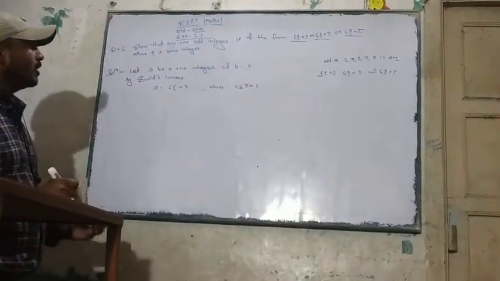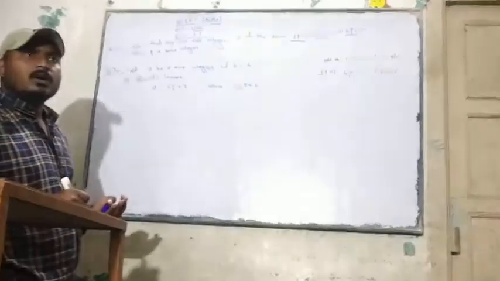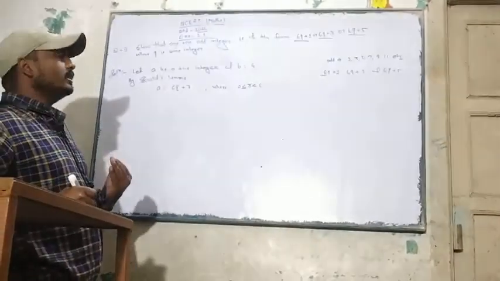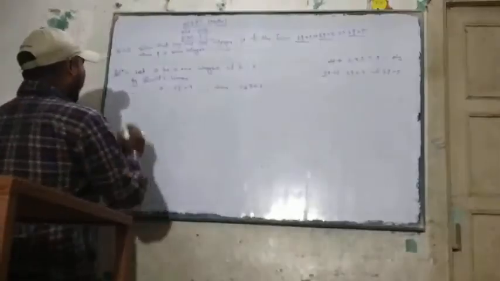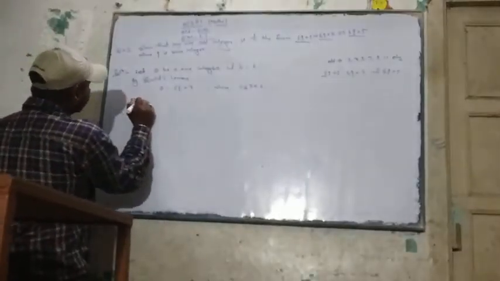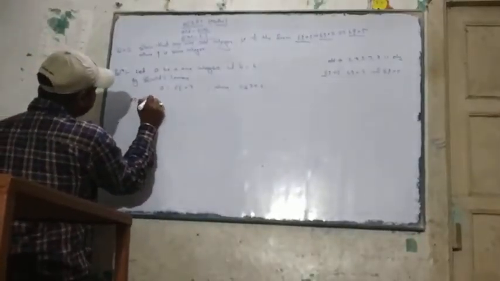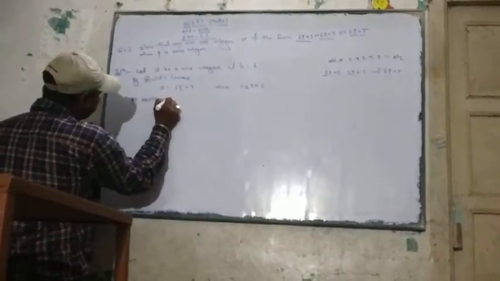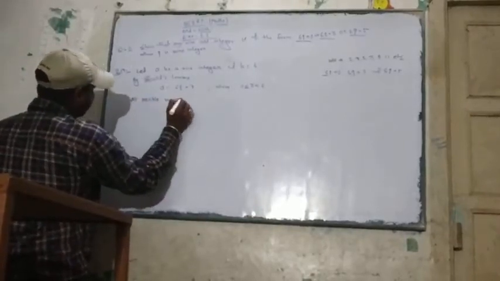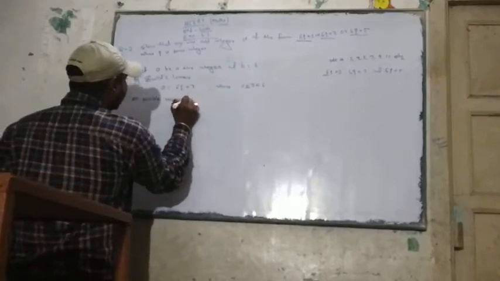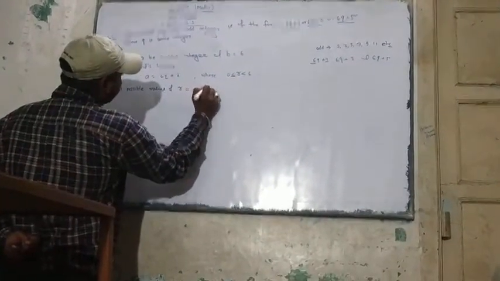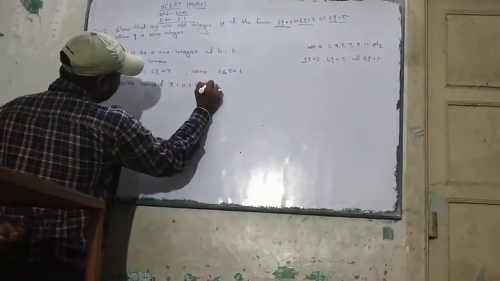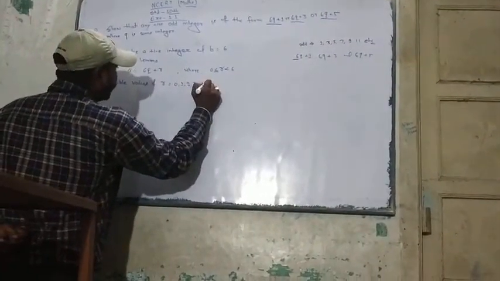You know the remainder is always less than the divisor and greater than or equal to 0. So all possible values of r are 0, 1, 2, 3, 4 or 5.